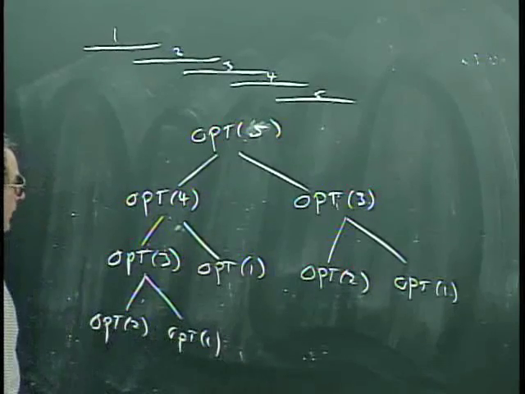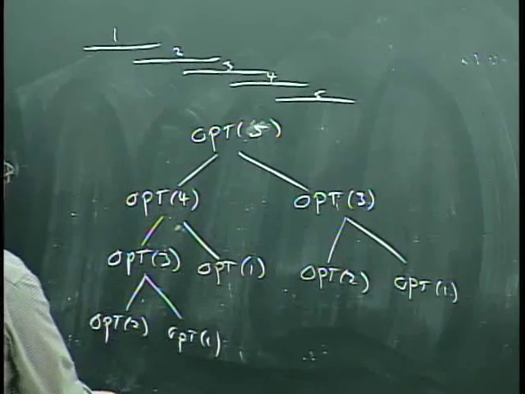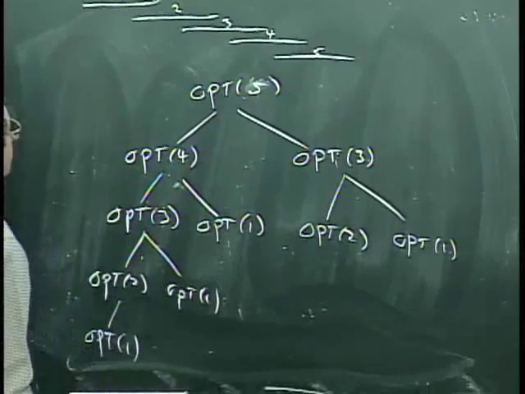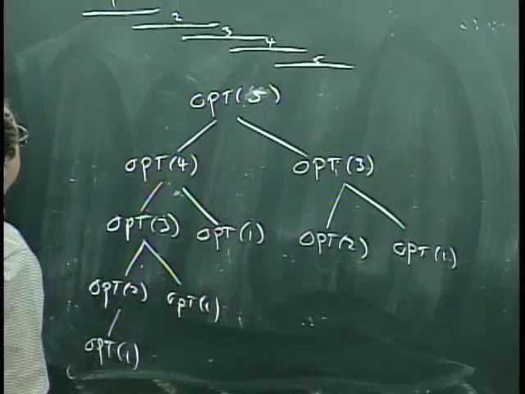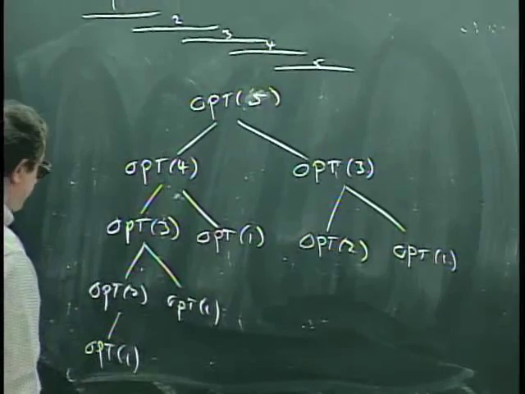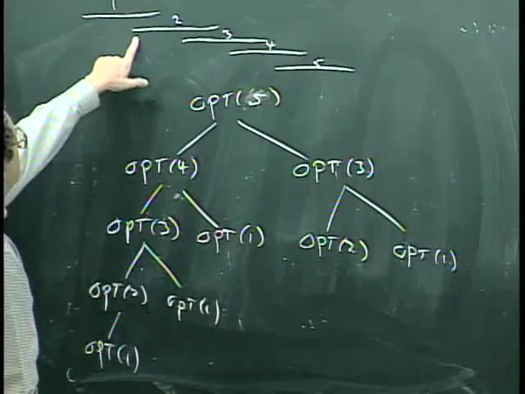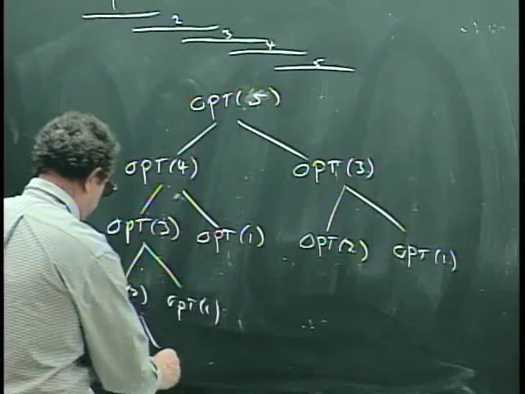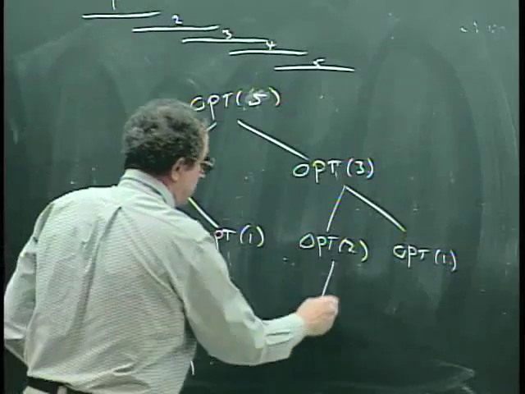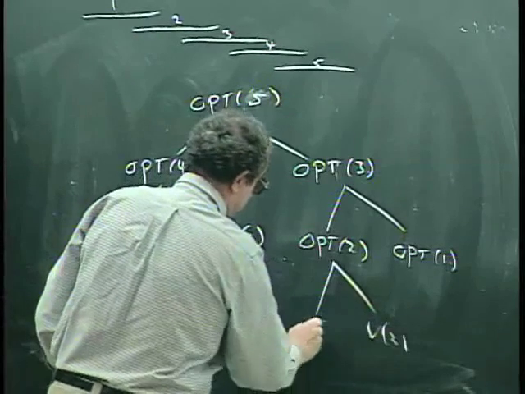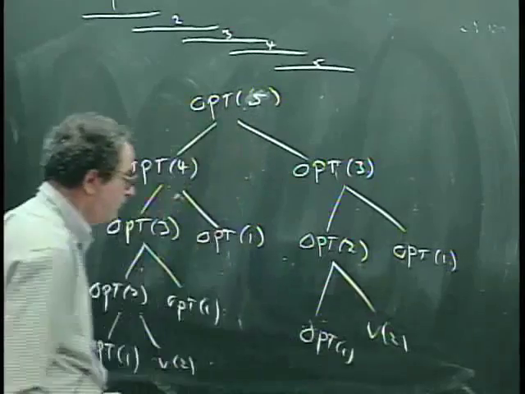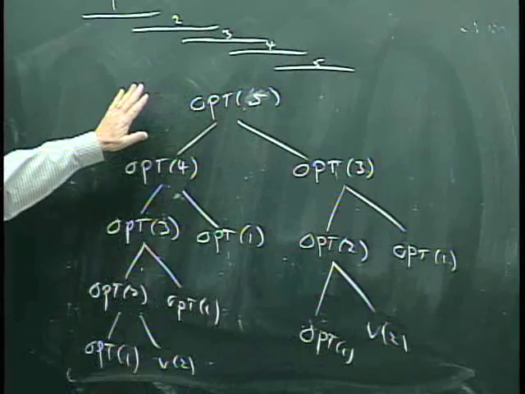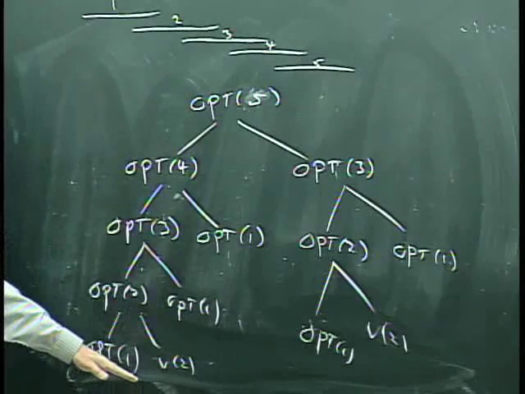And then opt of 2, what does it call? It calls opt of 1. Or it just gets V2, whatever, V2 or opt of 1. So the tree of recursive calls would be something like this.